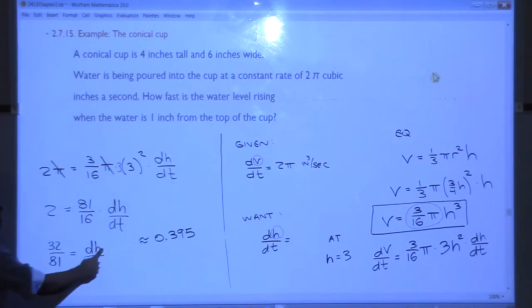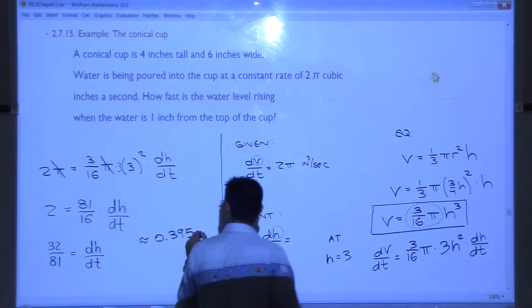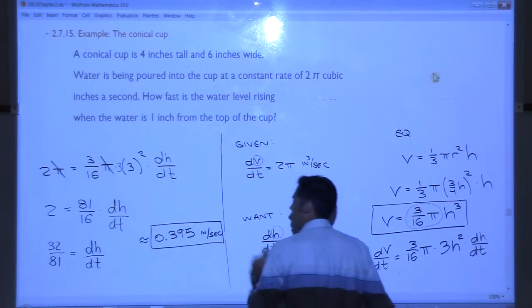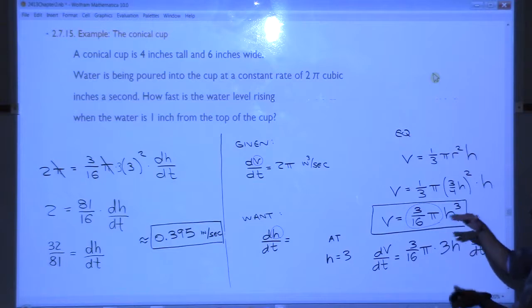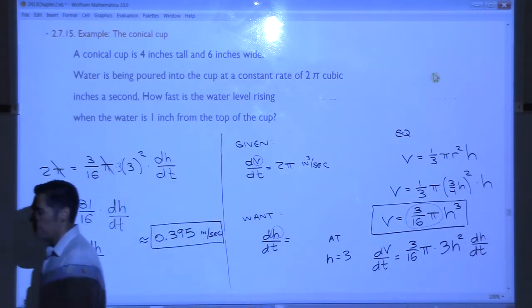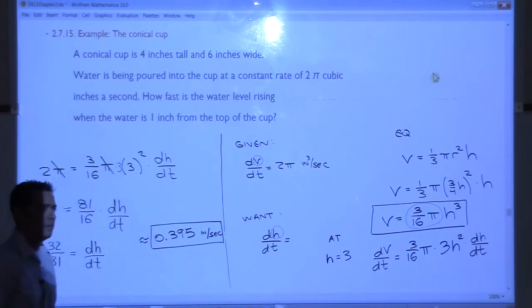Height was measured in inches in this problem, so it's going to be inches over time. Time in this problem was measured in seconds. So inches per second. So if you have a cone 6 inches wide, 4 inches tall, you start pouring water into it at 2 pi cubic inches per second, then you should expect that at the instant the water is 1 inch from the top, the water level will be rising at almost half an inch a second at that point.